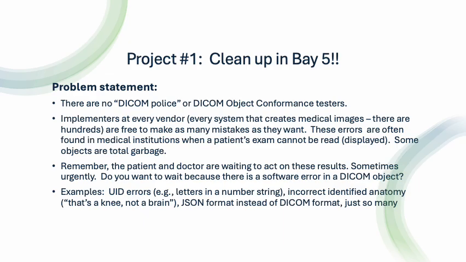Now you have to figure out how to get a knee scan to a neuroradiologist, even though it's not really a knee. There are so many issues with cleaning up these things that would make the world work so much better. And so this is called Cleanup in Bay 5. They call them CT bays, MR bays, by the way. That's where the bay comes from.